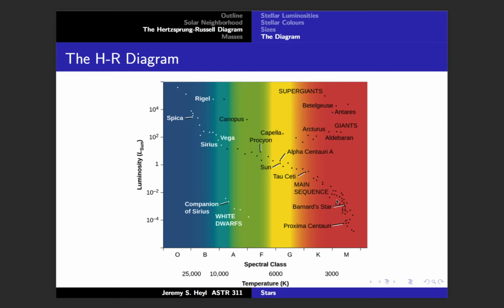They're at the same temperature, but they're more luminous. You can also get a hint from what they're called. What are they called? They're called giants, which means that their radii are big. That's how come they're up there. They're at the same temperature, but their radii are much, much bigger.